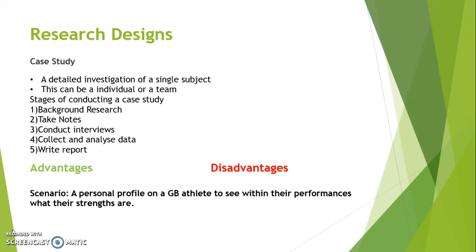However, bias can sometimes occur, and obviously you're looking at an individual and you're gaining a detailed picture on them, so this can mean that it's very time consuming, and it also can be quite subjective because it's one person looking at a performance and other data, and this can lead to a low reliability.